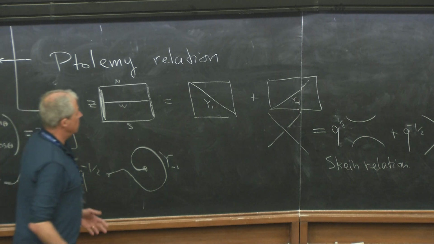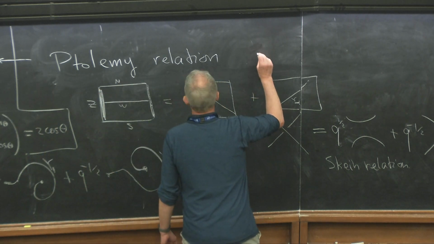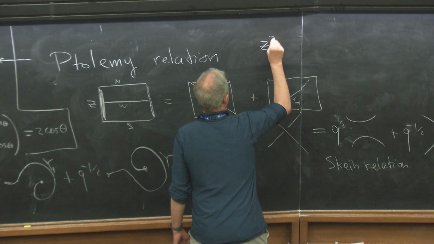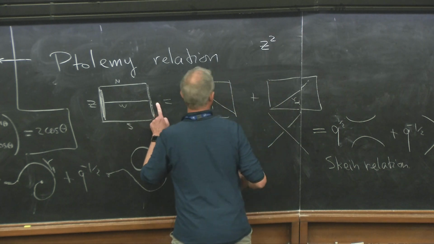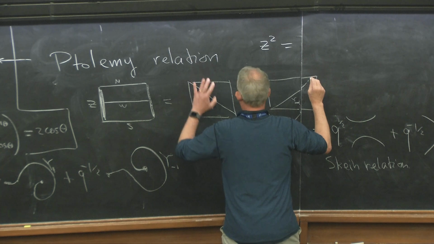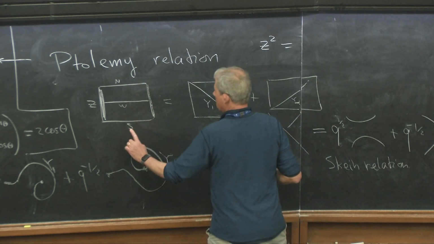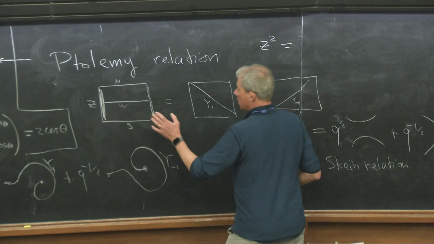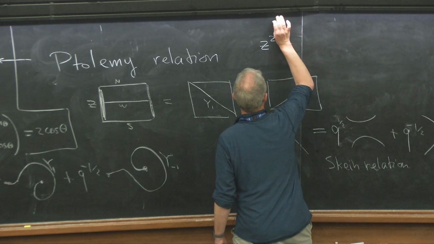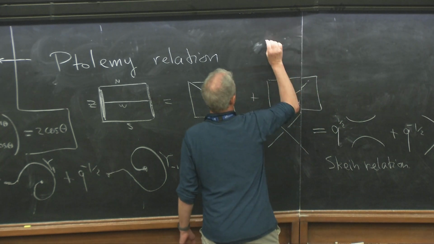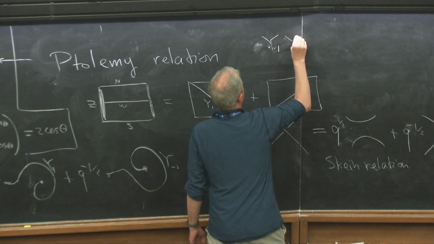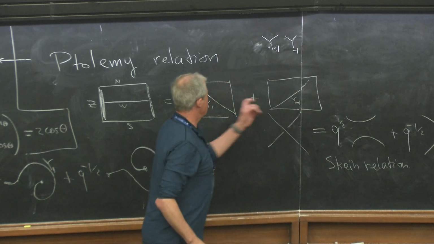But there's another classical relationship which says the following: the square of z is equal to, one more time, y plus 1 times y minus 1. It's the product of the two diagonals.